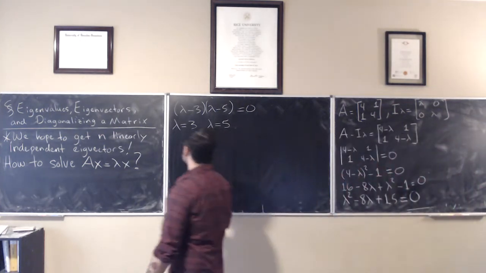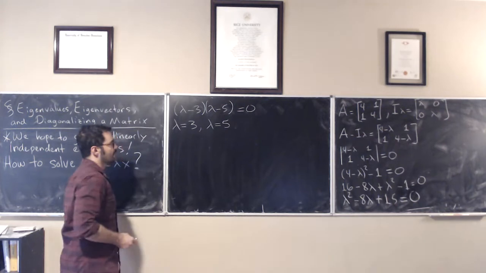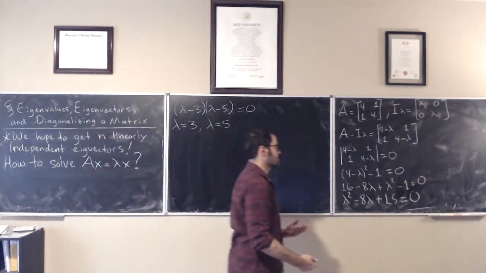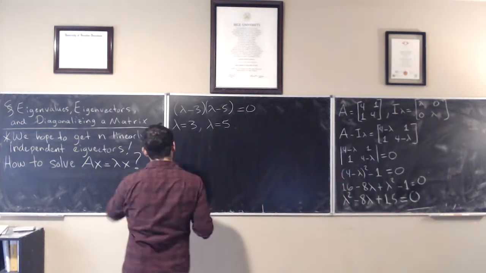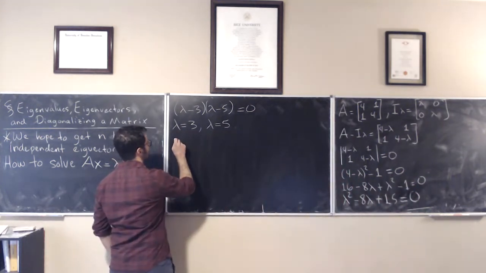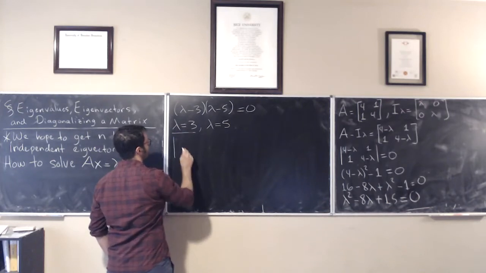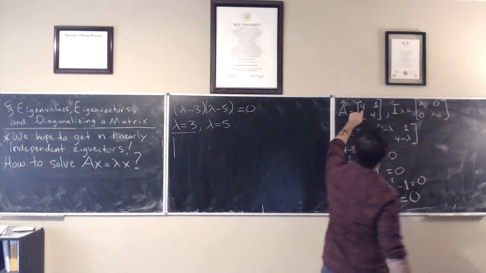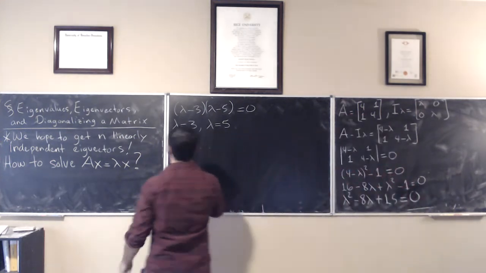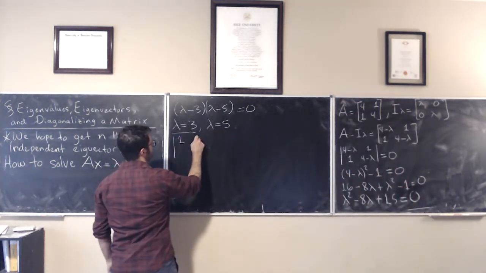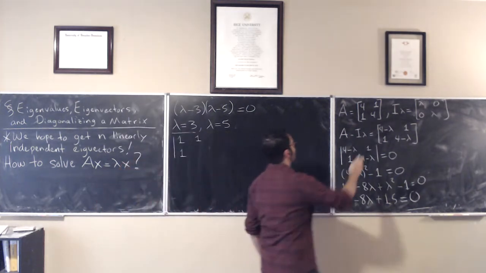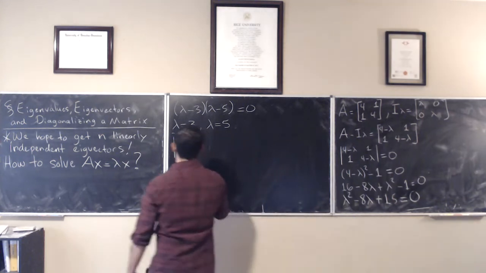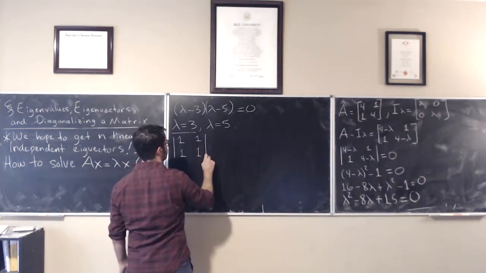Okay. So now that we know the eigenvalues, we can next figure out eigenvectors, right? So choosing lambda equal to 3, we know that the determinant of 4 minus 3, so 1, 1, 1, and 4 minus 3, 1.